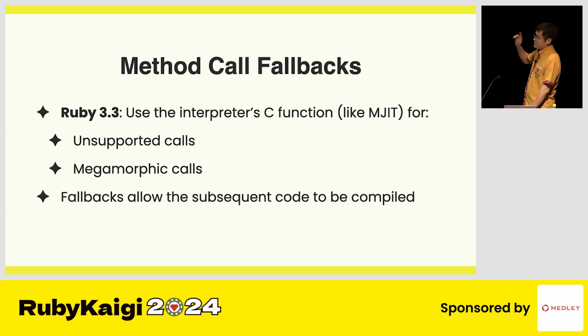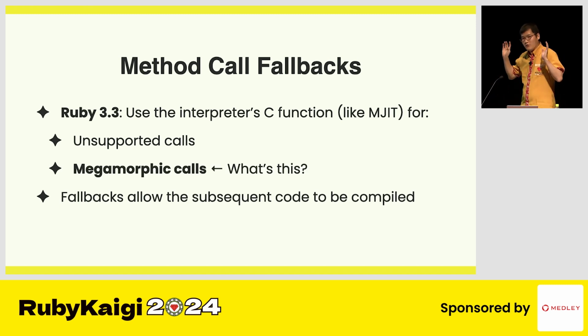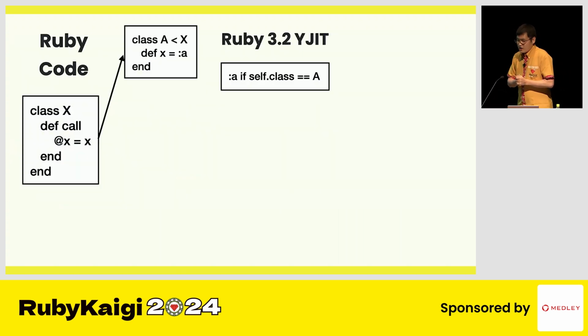So this was the explanation for the unsupported codes, but the other case is the megamorphic codes. This is a compiler terminology, so I'm also going to explain what megamorphic code is. This is one very small example of a megamorphic dispatch.